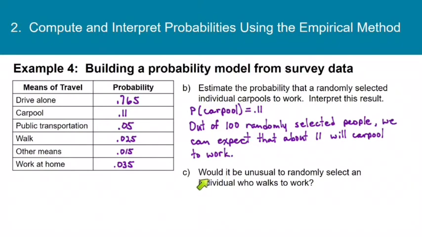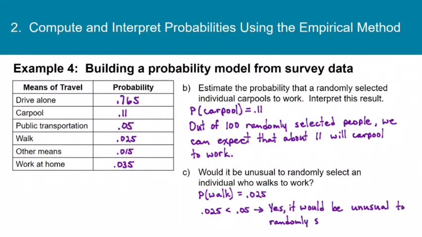And then part C, would it be unusual to randomly select an individual who walks to work? Well, if we have a randomly selected group of people, our probability model is telling us that only about 2.5% of them walk to work. And certainly 2.5% is less than 5%, so I would say yes, it would be unusual to randomly select someone who walks to work.